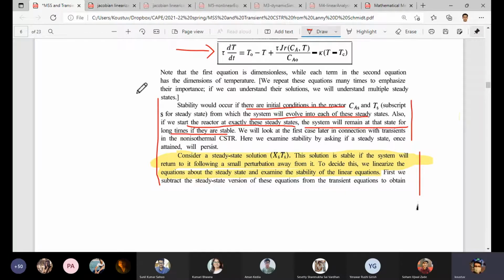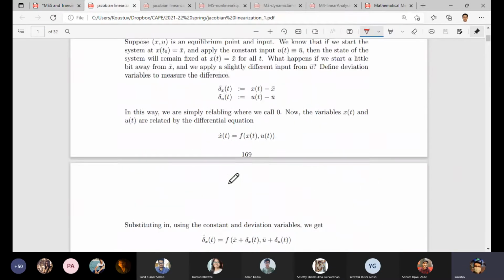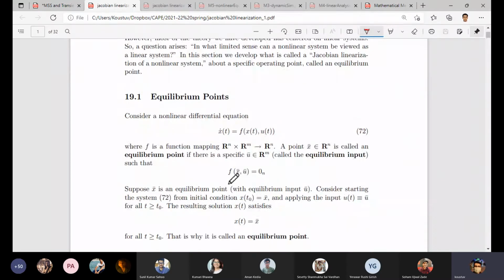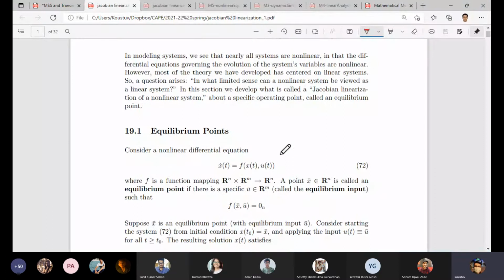So let us go to this particular topic, where some analysis has been carried out. These are basically class notes, and it says that if you have a nonlinear differential equation, basically dx/dt is a function of x(t) and u(t).